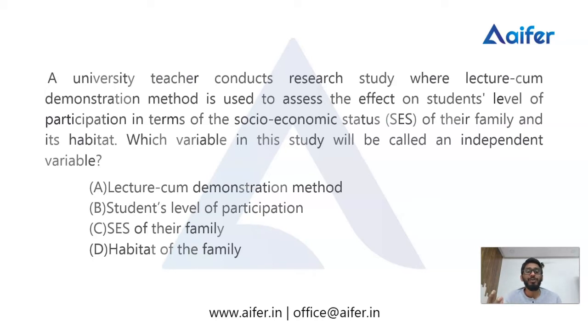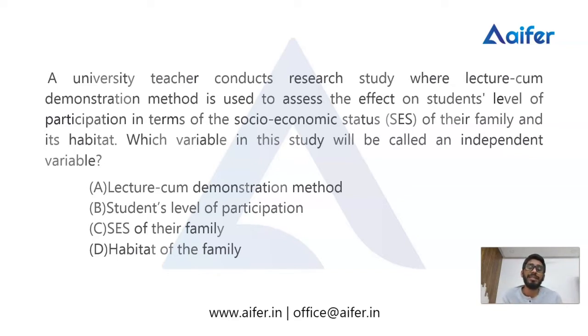Let's see what the meaning of this study is. A university teacher conducts a research study where the lecture cum demonstration method is used to assess the effect on students' level of participation. I think it is a simple question, but it may be complicated to confuse us. Actually, this study is based on the lecture cum demonstration method.